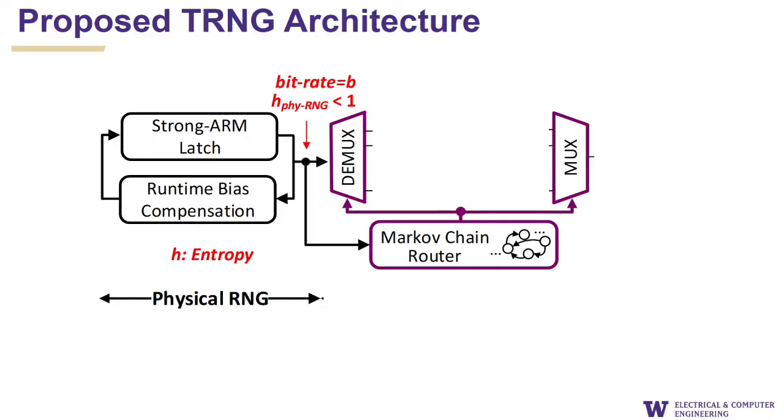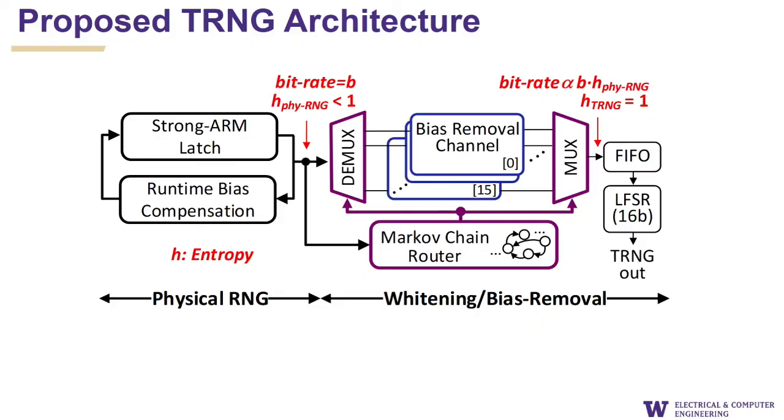And the way that's done is with this so-called Markov chain router, which is really nothing but a shift register. You look at the history of these bit streams, and based on it, you route a random bit into one of these candidate channels. The property is that in any one channel, the bits came from the same Markov state.